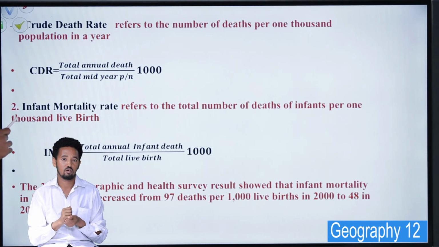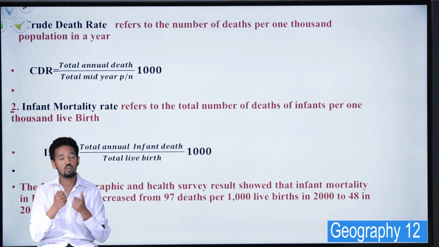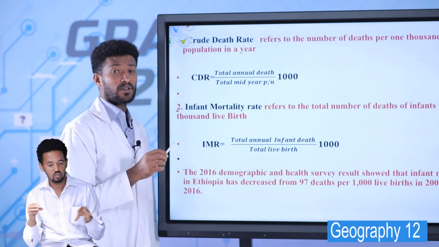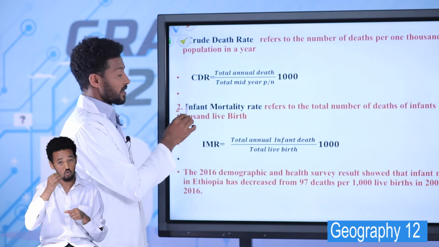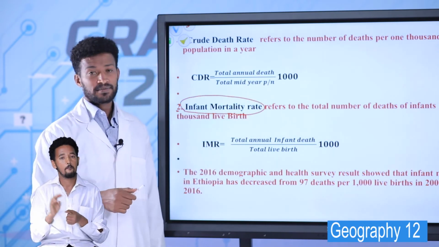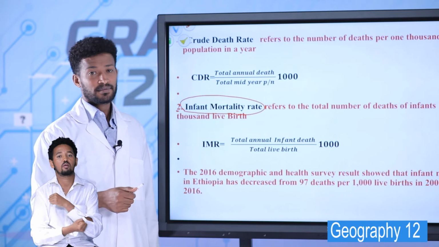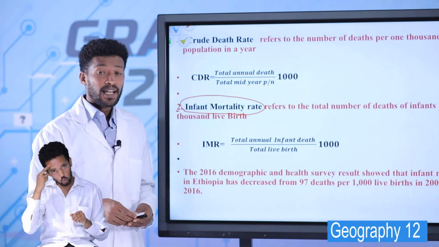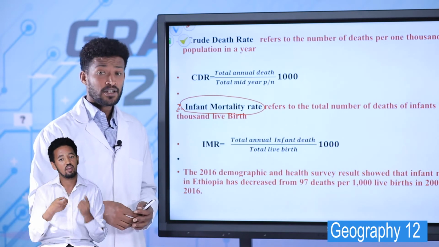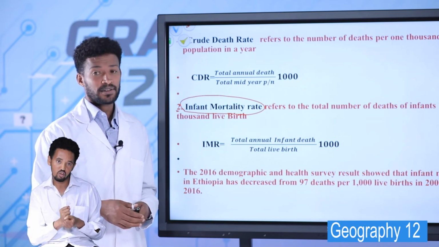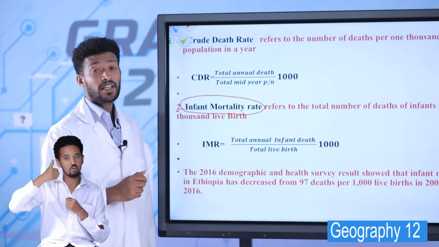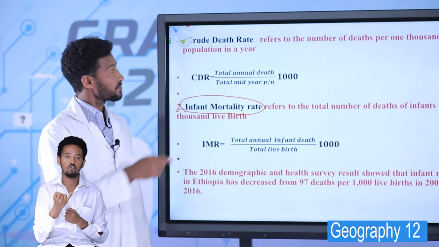The second one is infant mortality rate. Students, among the measurements of deaths, infant mortality rate is a basic measurement because it implies the socio-economic and political situation of a country. So it is the basic measurement of one country's death rate.